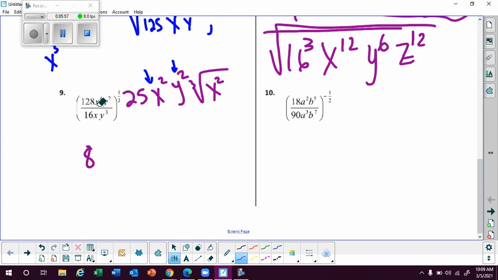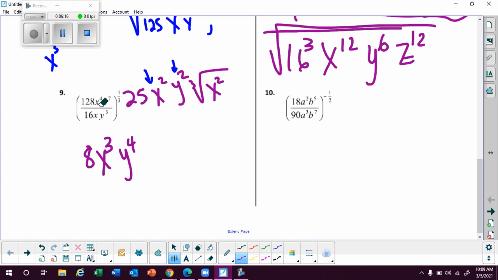I have x to the power of 4 on top and x to the power of 1 at the bottom, so I will end up with x cubed at the top. I have y to the power of 7 on top and y cubed at the bottom. So when I subtract 7 minus 3, I'll end up with y to the power of 4. Nothing at the bottom, right?